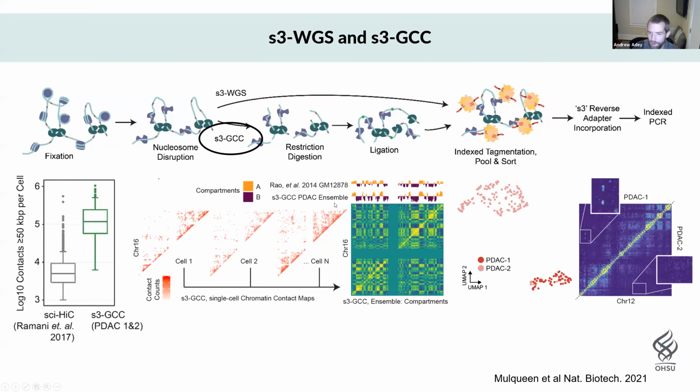And we're able to get nice compartment calling across these. This is a pancreatic cancer, a patient-derived cell line with very low passaging to enrich for the epithelial population. And we're able to identify a subclone-specific translocation using this long-range interaction data.